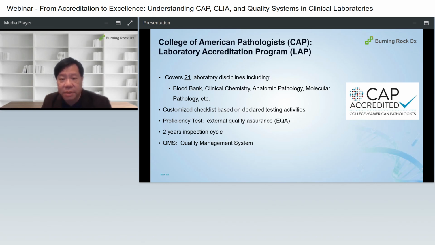accreditation. And there's also the proficiency test component, and it's basically an external quality assurance. It's to be tested for the test once every 2 years, and the inspection cycle, as I mentioned earlier, is once every 2 years, and also requires a quality management system.